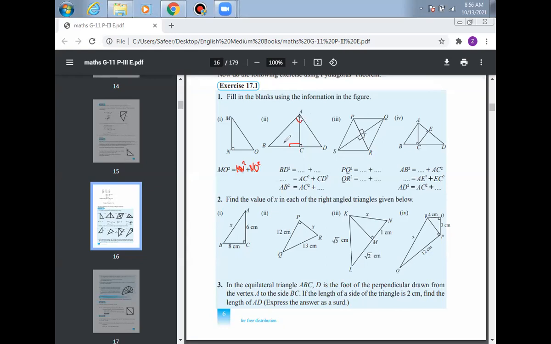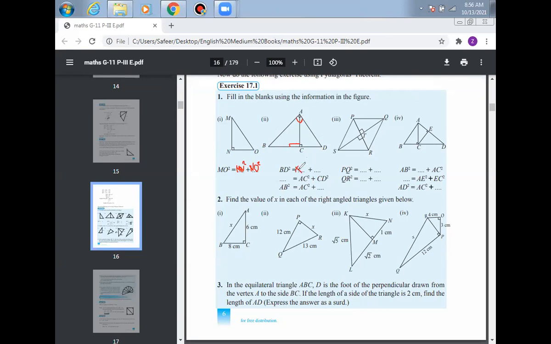Then according to this, when you take this right angle, then BD is the hypotenuse. So BD is the hypotenuse. Then this side is AB, the other side is AD, either side of the right angle. Then we can write AB squared plus AD squared for this.